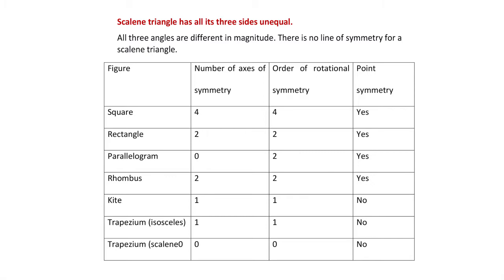And a scalene trapezium has no axis of symmetry, rotational symmetry of order 0, and also no point symmetry. So this table summarizes the symmetry of various quadrilaterals.